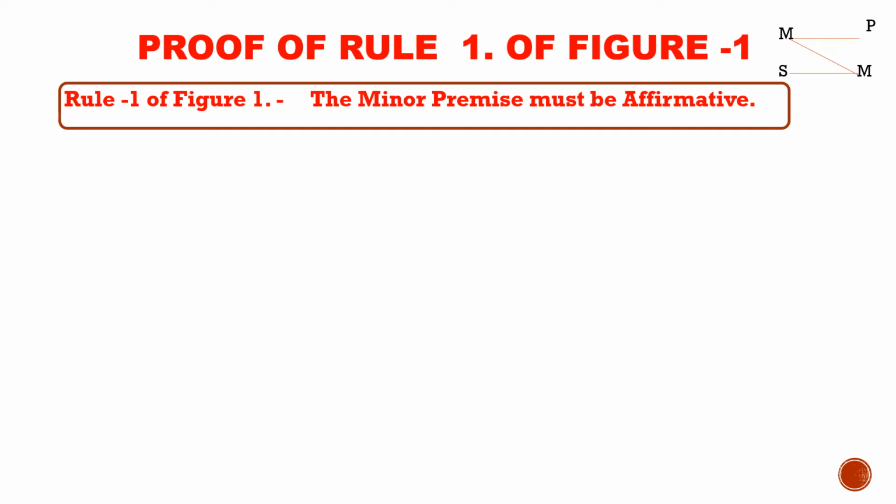Then the conclusion will be negative, because as per the rule of syllogism, if one of the premises is negative, then the conclusion must be negative. And not only that, the major premise will be affirmative, because as per the rule of syllogism, conclusion can be drawn only if one of the premises is negative. If both are negative, then no conclusion will be drawn.